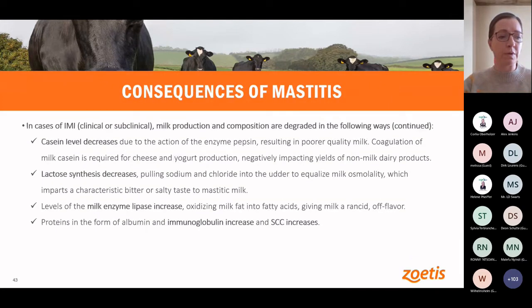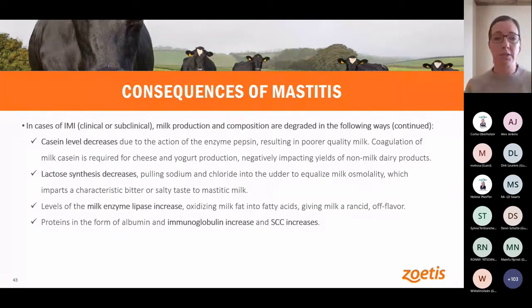So we've spoken about milk protein. The casein levels actually decrease due to an enzyme called plasmin, and that results in poorer milk quality. Milk casein is especially important in cheese and yogurt production, and so if those levels are decreased, it can negatively impact the yield of those non-milk dairy products.